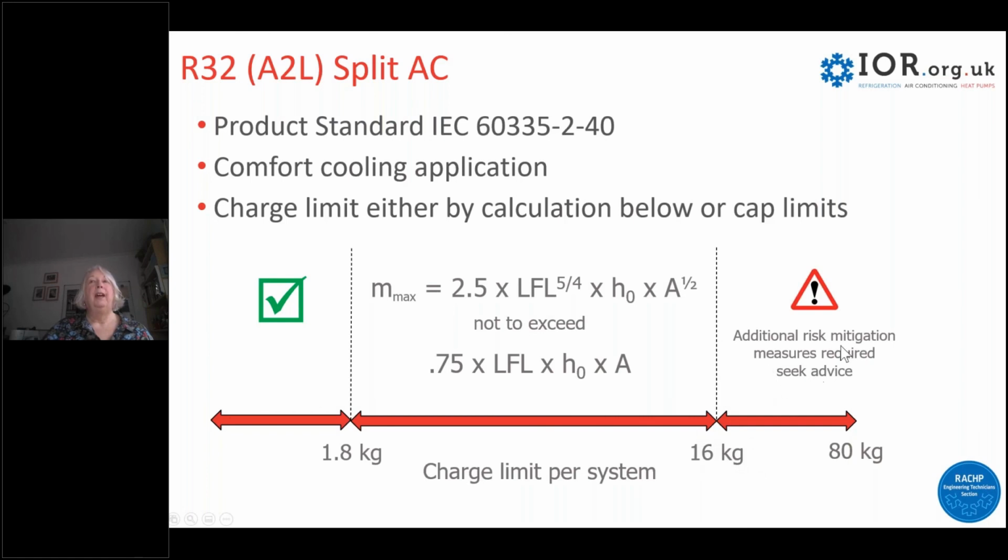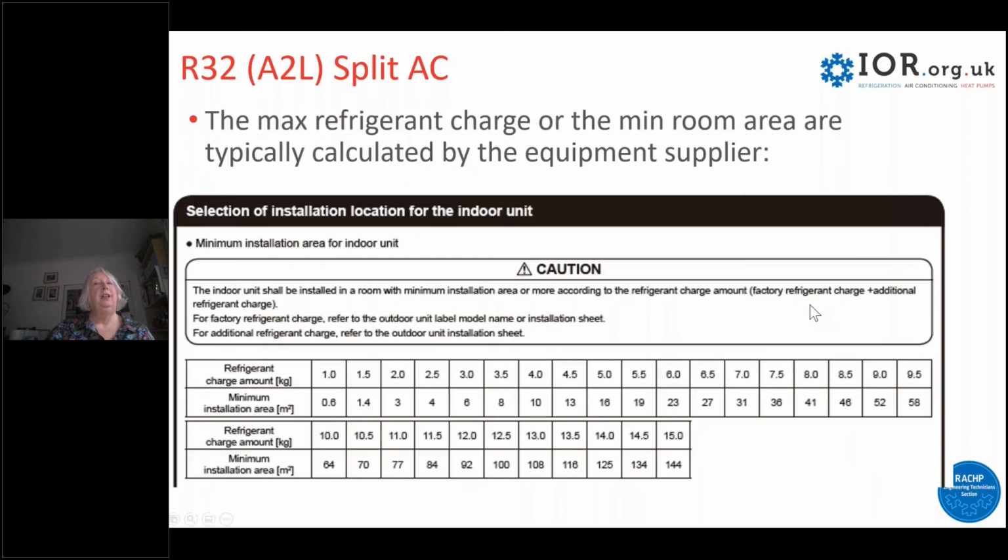If we want to go above that, then the additional measures that we would have to take really don't make sense for something like a split air conditioning system. You don't need to do that calculation because the manufacturers of the air conditioning system will have done that for you. So for a given refrigerant charge, you have got a minimum room size that system can be used in.